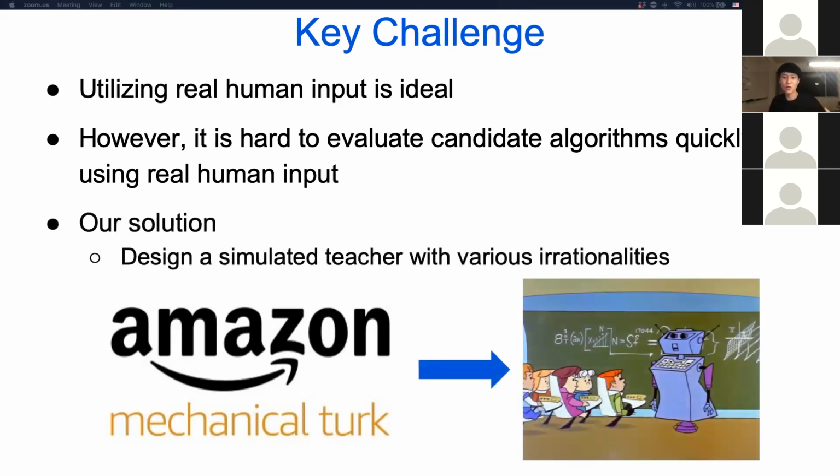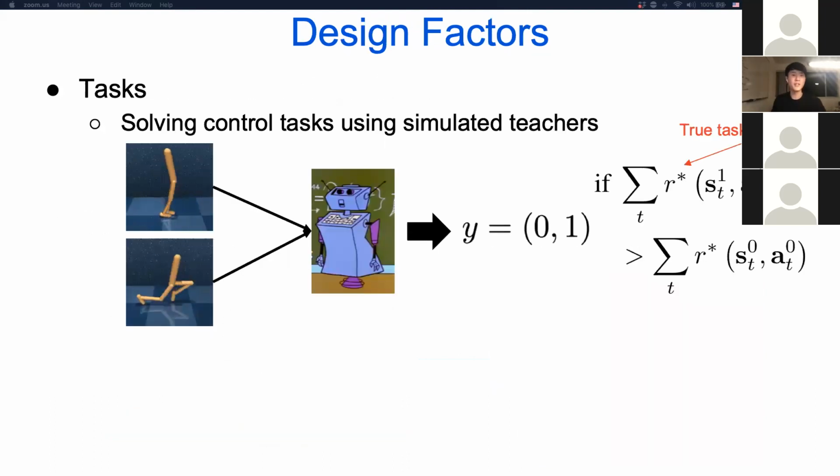So as a solution, we designed a simulated teacher with various irrationality. So here are the details. First, we focus on solving existing RL tasks where the predefined reward is available. But instead of directly utilizing the predefined reward, we generate preferences using a simulated teacher.